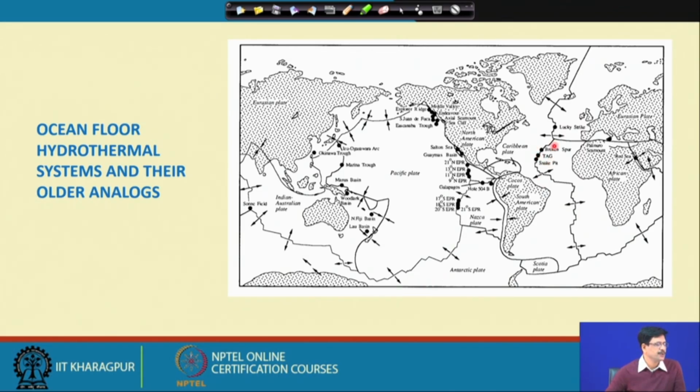Such mid-oceanic ridges have been investigated by going to the spot in submersibles and seeing the processes taking place. In one of the previous classes, we saw some of the features, such as black smokers, which are observed on this kind of ocean ridge system.